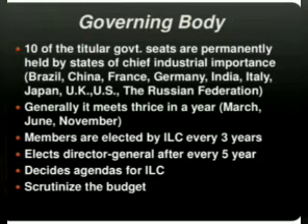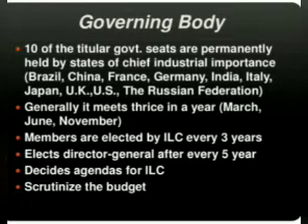Now in the governing body, there are 10 of the titular government seats which are permanently held by states of chief industrial importance. That means these members will always remain its members. These countries are Brazil, China, France, India, Italy, Japan, UK, US, and the Russian Federation.